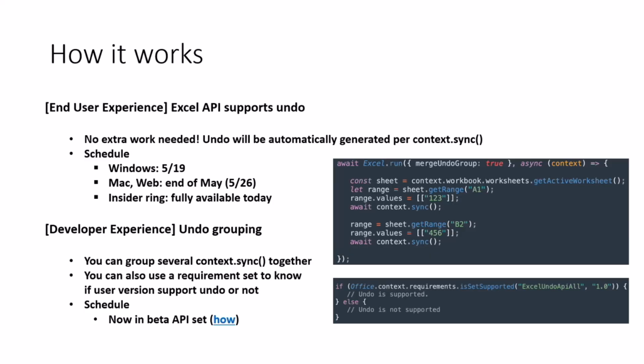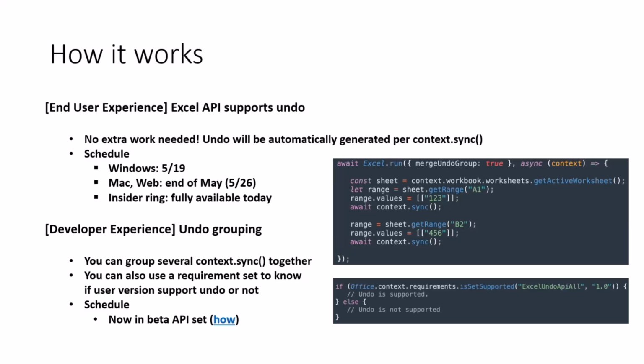Definitely in some cases, for example, if we're doing an RPA process, after the user gives one order, our Excel add-in will do a lot of things. And if we're calling like 20 context syncs, but we want to combine them into one undo because that's one behavior to users, you can use the capability currently in preview called undo grouping.